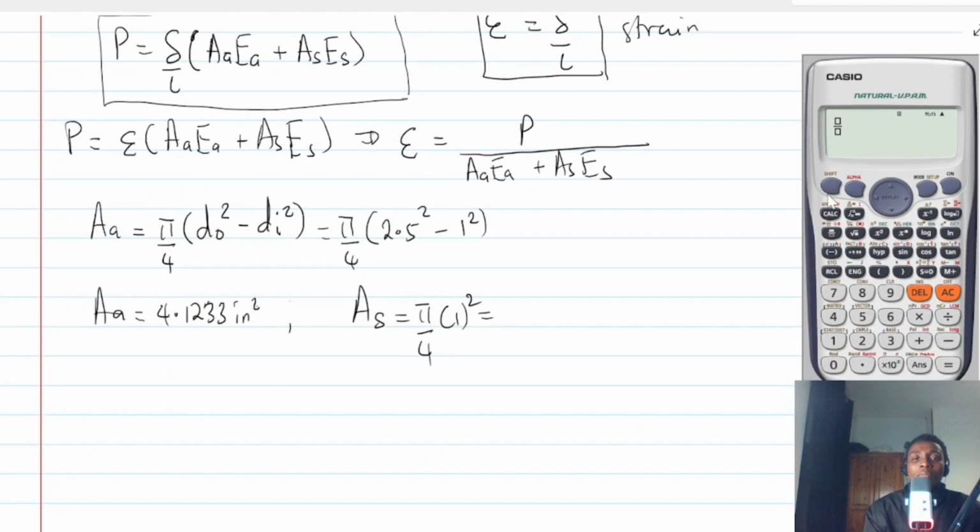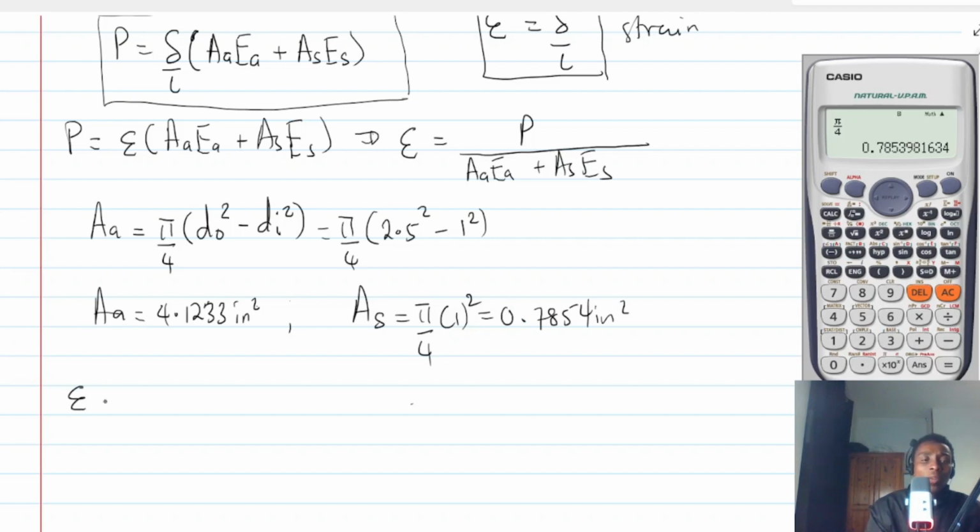So pi divided by 4, that is 0.7854 inch squared.